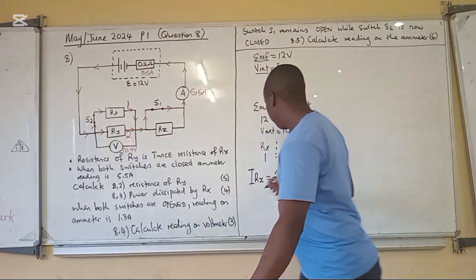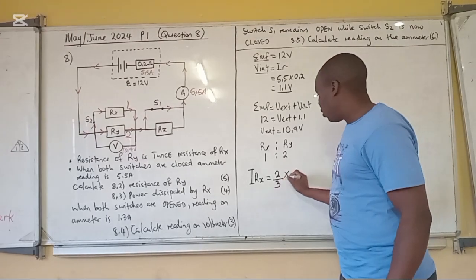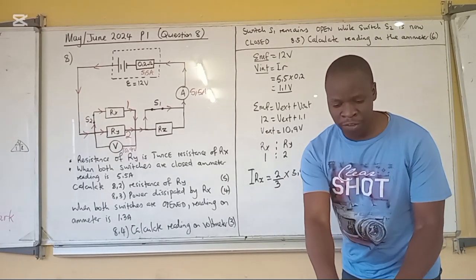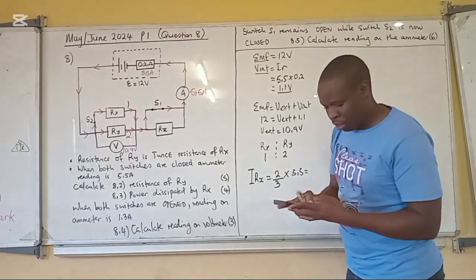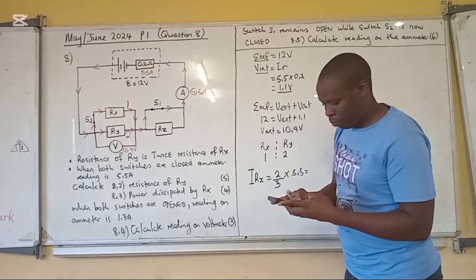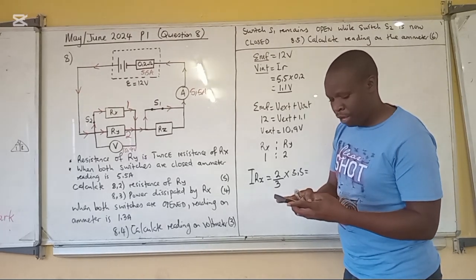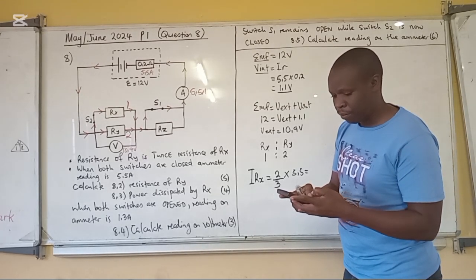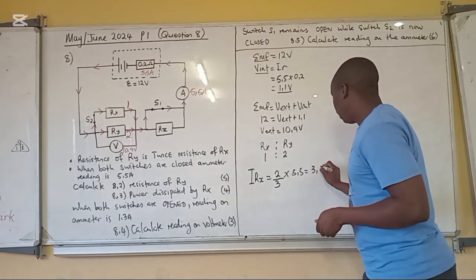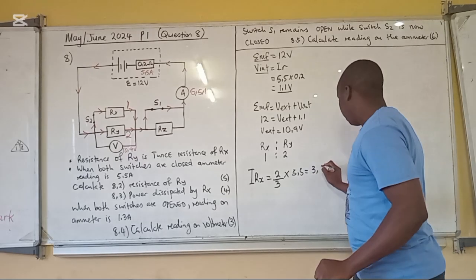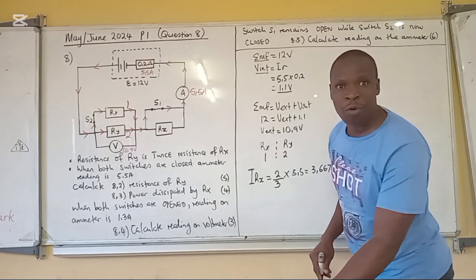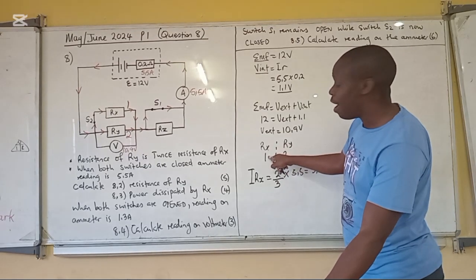So 2 over 3 multiplied by 5.5 gives us 3.667 amperes. That is the amount of current flowing through Rx.